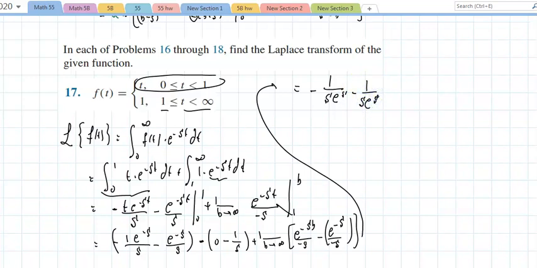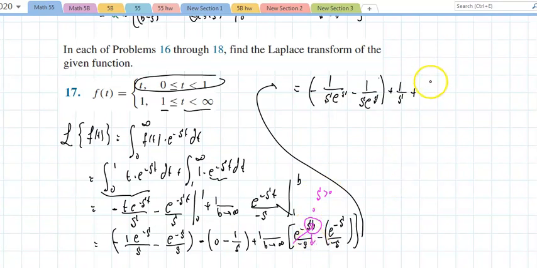Let me see. Yeah, that's right. Plus 1 over s plus the limit as b approaches infinity, this will approach 0 as long as s is positive. If s is bigger than 0, then this power is negative. That thing will shoot to the bottom.